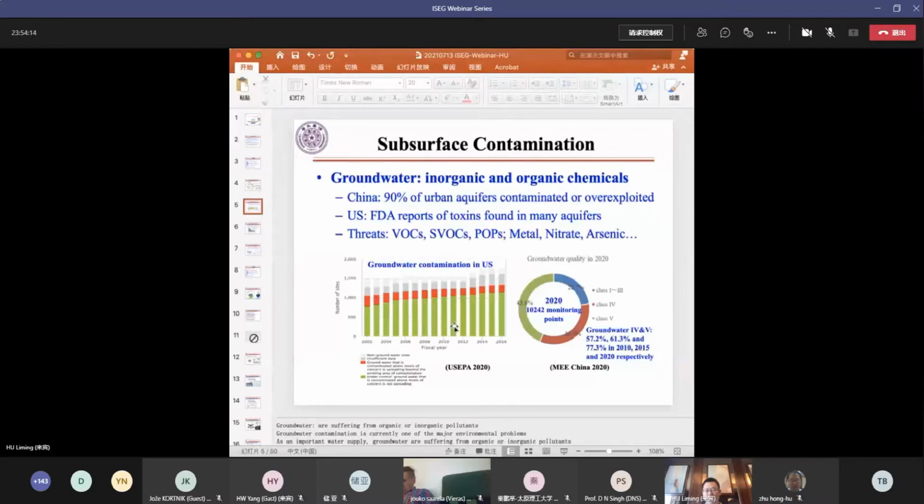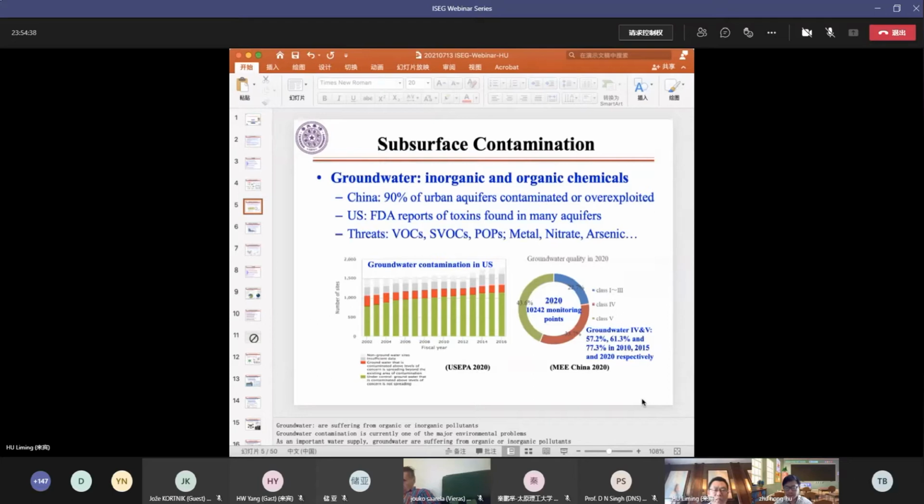Now over 75% of groundwater is not in good quality. And there are different kinds of chemicals in groundwater, such as VOCs, SVOCs, POPs, and metals, nitrate, arsenic.